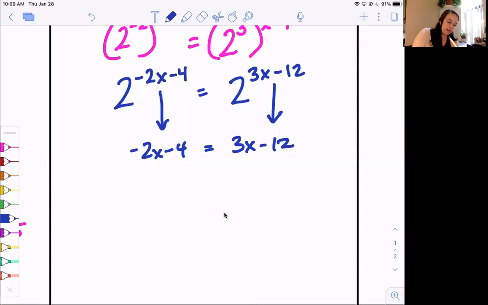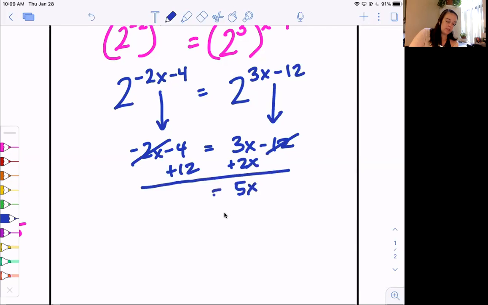I'm going to go ahead and add the 2x over here, add the 12 over there. I get 5x equals 8. Divide by 5, divide by 5. X equals 8/5.